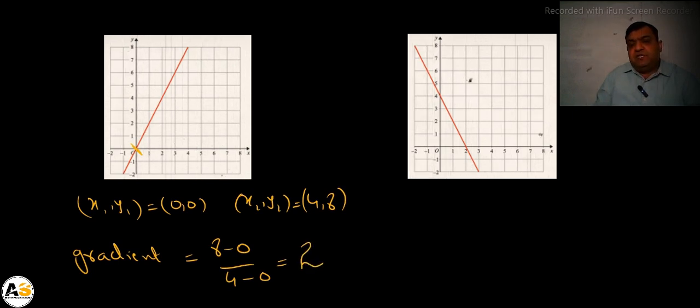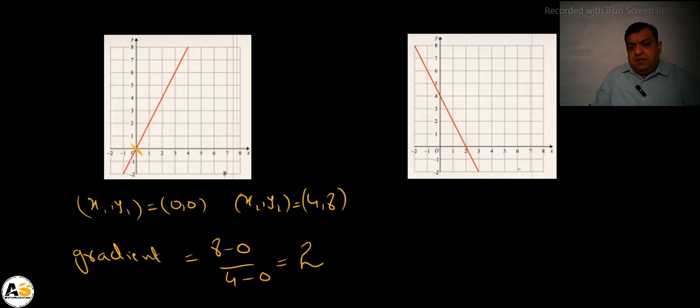If we come to this question, I can pick this point, which is minus 2, 8. This point is minus 1, 6. This point is 0, 4. This point is 1, 2. This point is 2, 0. But we only need 2 points, whichever points you pick from this.